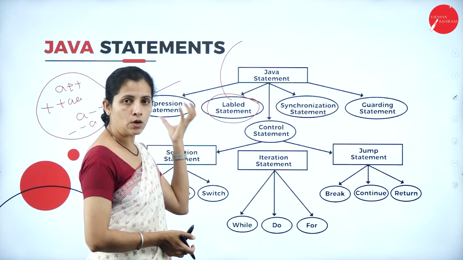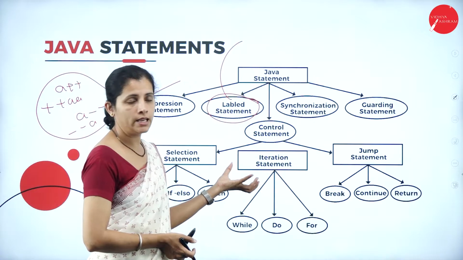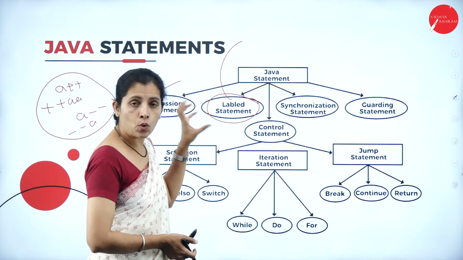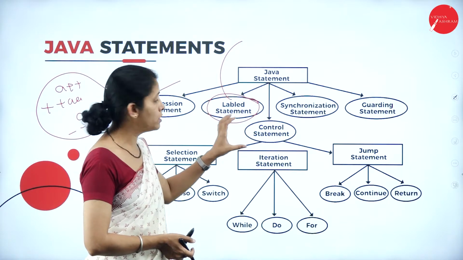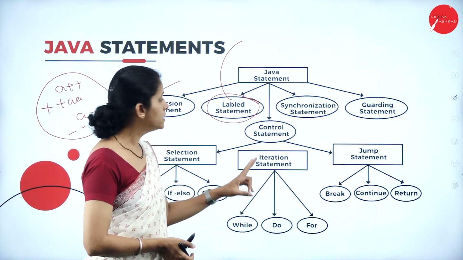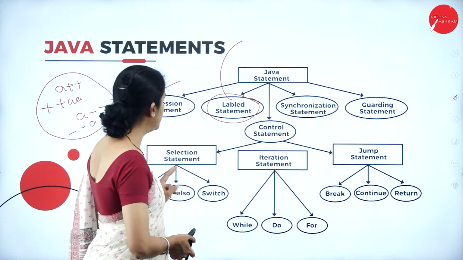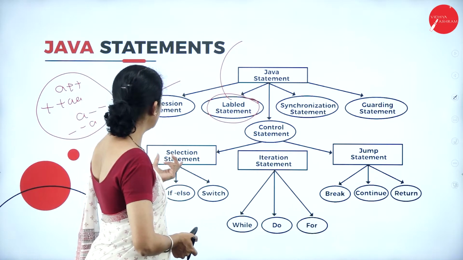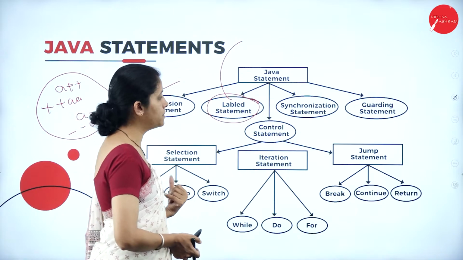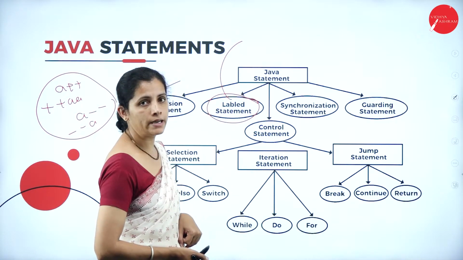I want to control the flow of program execution. For that, I have control statements. Now, this control statement is further classified into three types: selection statement, iteration statement, and jump statement.